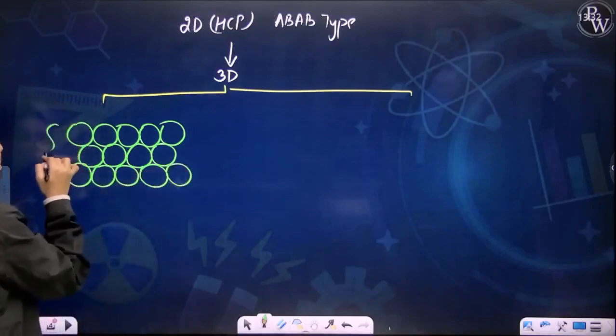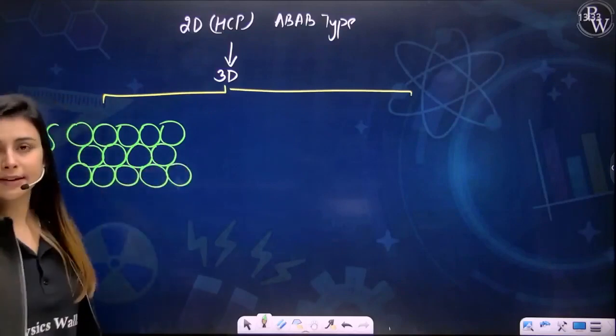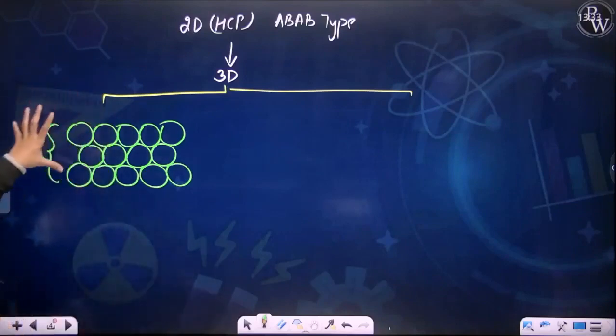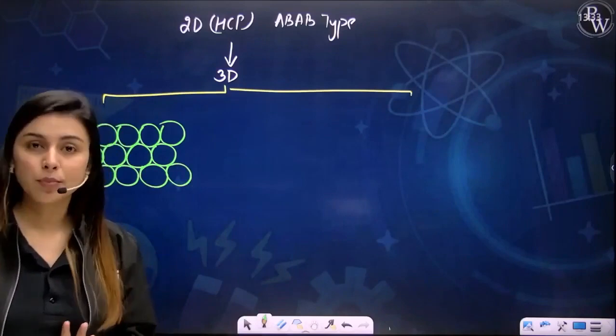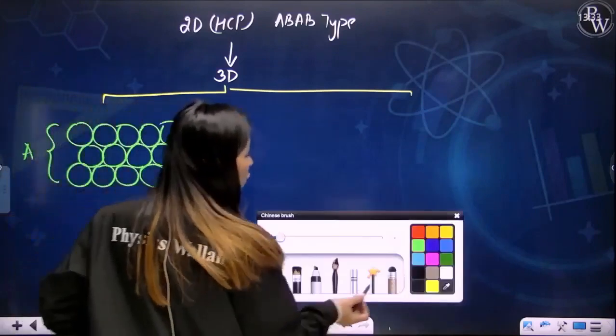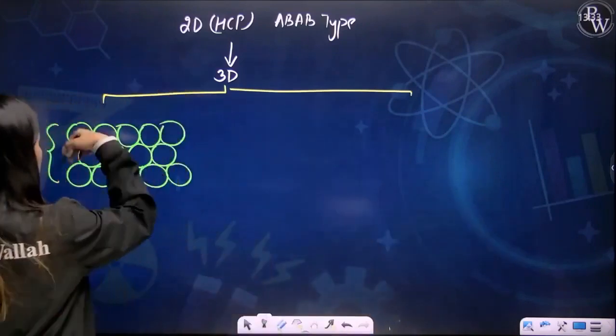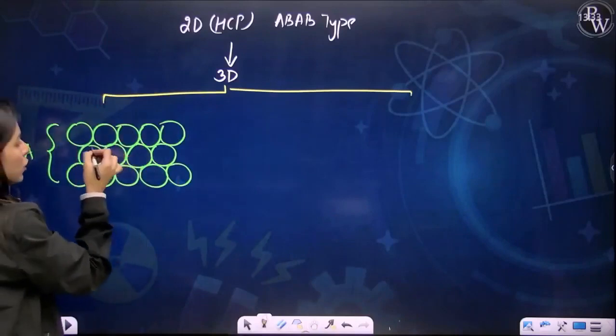So this will be your A type of layering. Now we'll call this complete layer an A type of layering, and the layer above it will be called a B type of layering, right? So now we will put exactly the same layer, this kind of layer.